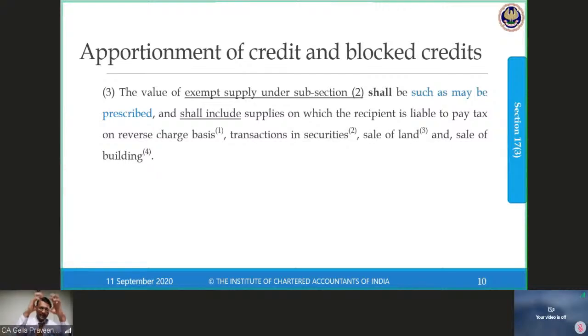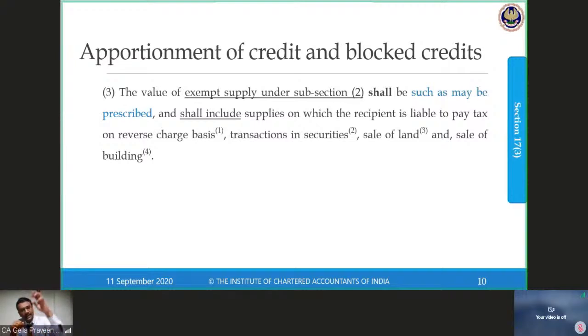I repeat, bucket number 1 is taxable supply. That taxable bucket includes zero rated. Bucket number 2 is exempt supply. Now from that exempt supply, we are reading this subsection 3.